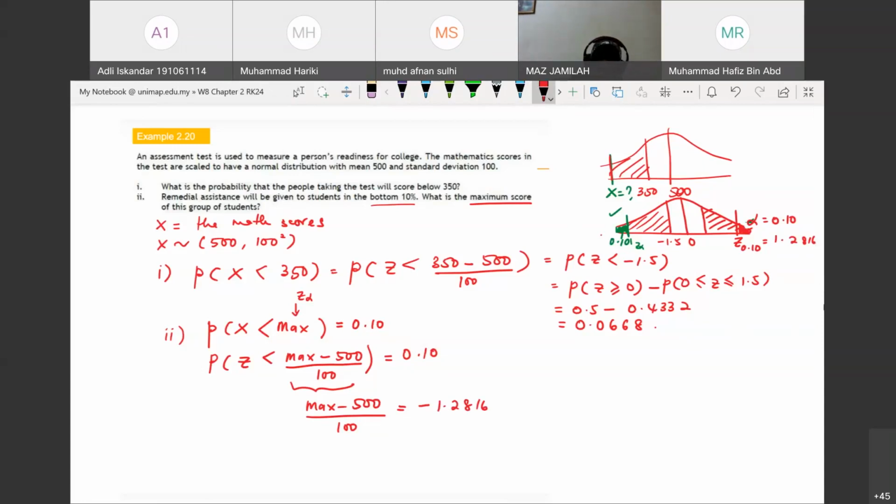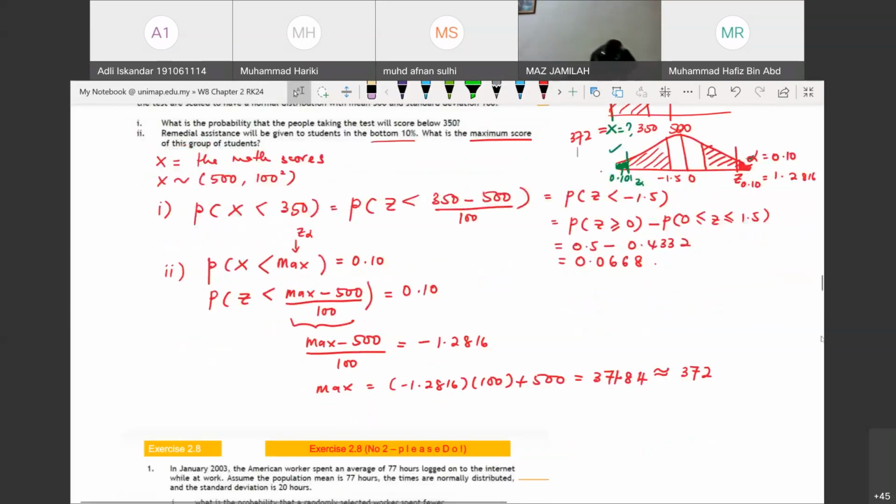Max is equal to negative 1.2816 multiplied by 100 plus 500, so you will get 371.84, or you can approximate that to 372. Now we know that this X will be 372. That will be the maximum score that students should get for them to be in the remedial assistance group.